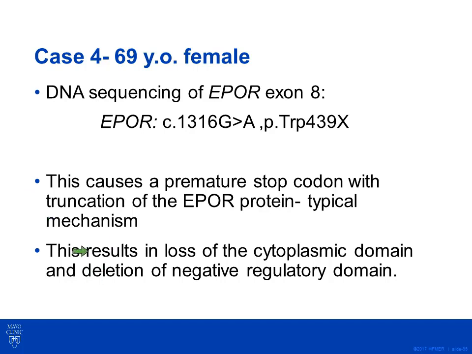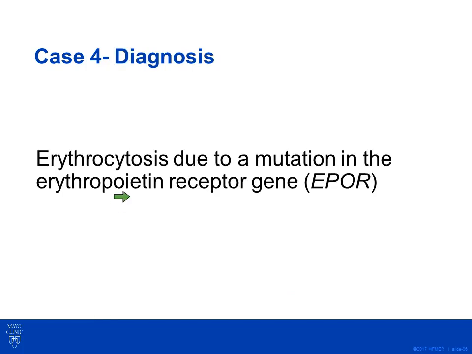Once again, this results in loss of the cytoplasmic domain, deletion of those negative regulatory elements. So she has erythrocytosis due to a mutation in the erythropoietin receptor gene.